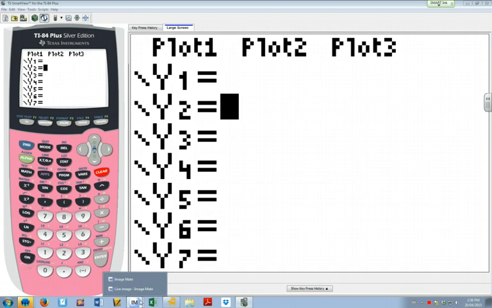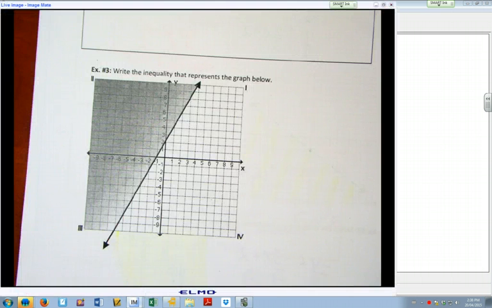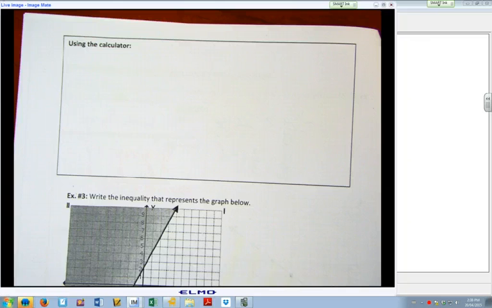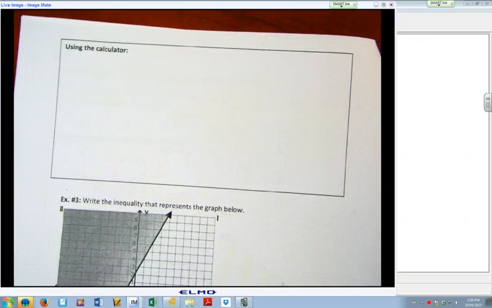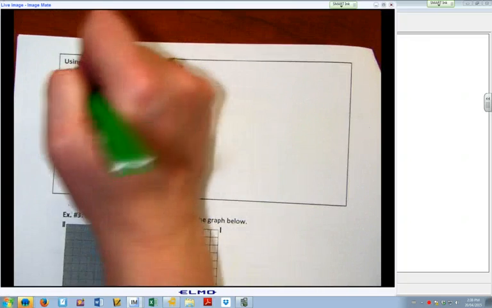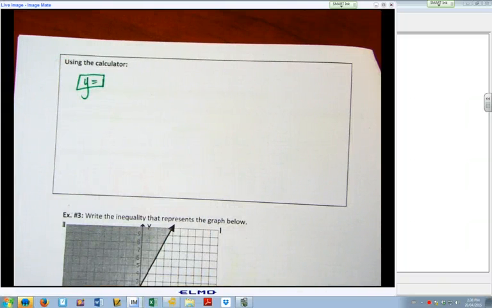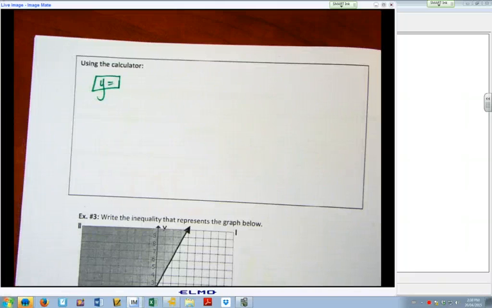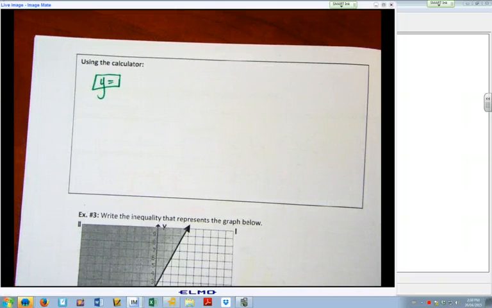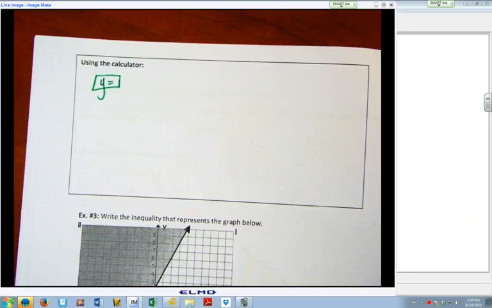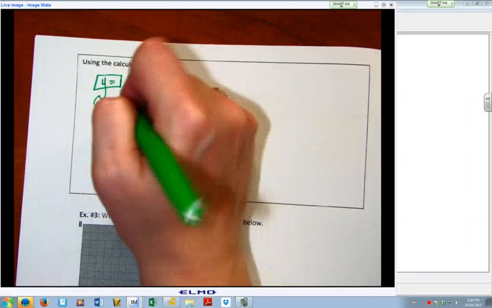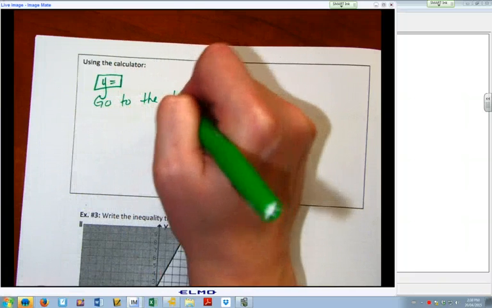So let's just jot down some notes so we remember that. Okay, so using the calculator, y equals like normal. Move to the left.